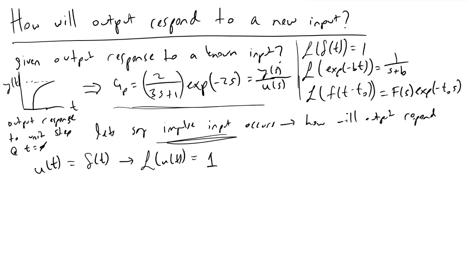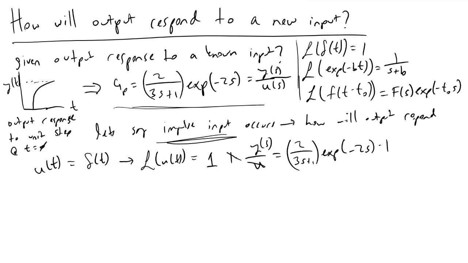And so if we go back to our definition of what the process transfer function tells us, y over u is equal to 2 over 3s plus 1 times an exponential of minus 2s. And because we know that u is equal to 1, we can multiply both sides by 1 and cancel everything out. And this is y of s.